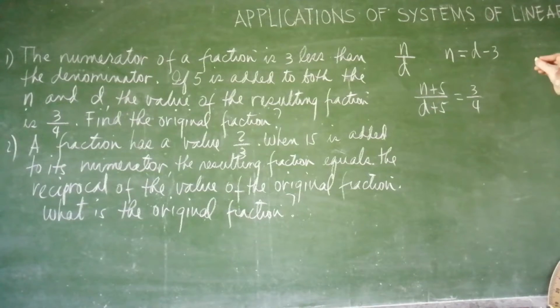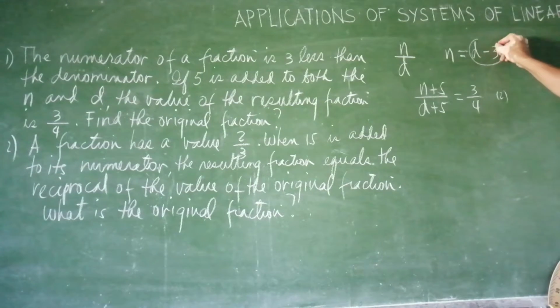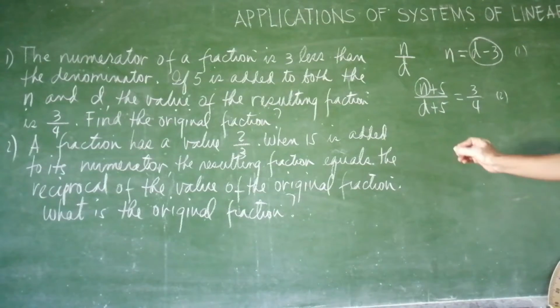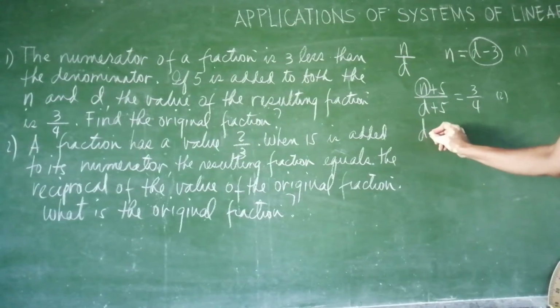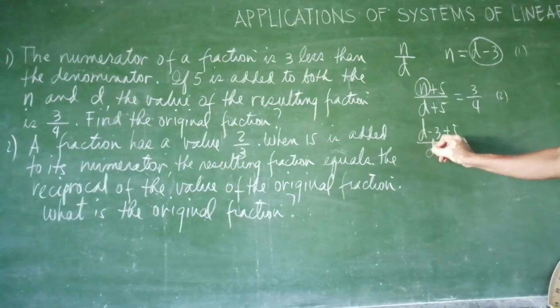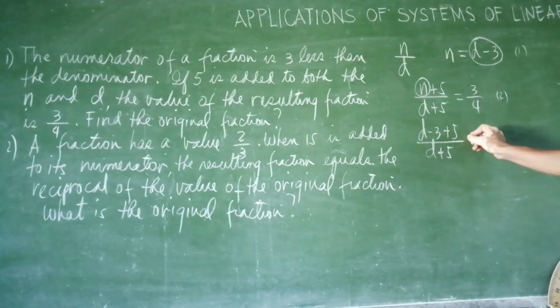So we can use substitution. This is equation 1 and equation 2. Use this value here to replace n here. So it will become d minus 3 plus 5 over d plus 5 equals 3/4.